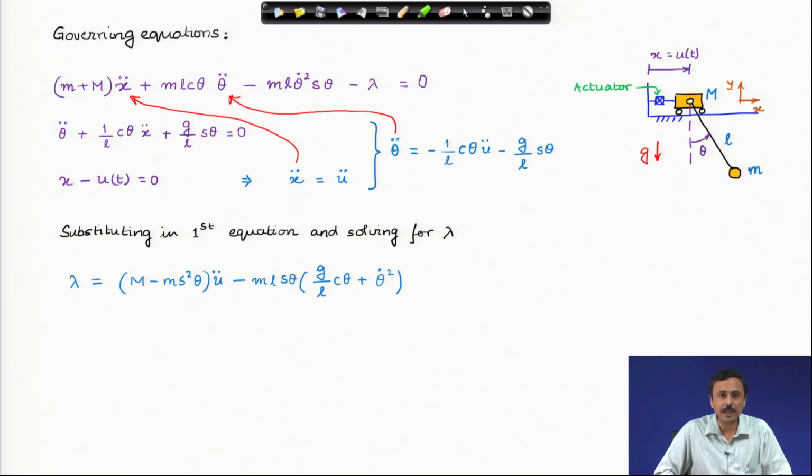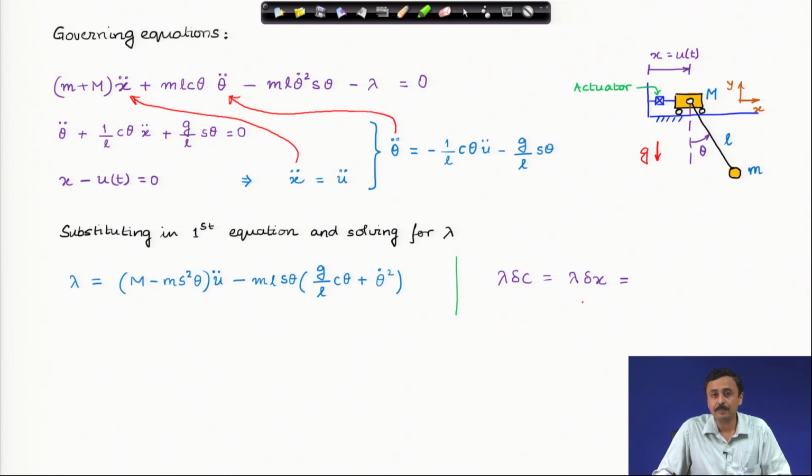Now, we have solved for lambda. How to interpret lambda now? Because remember, we have to find out the actuator force. Work done by the constraint force is lambda times delta c. And what is delta c? The constraint is already in front of you. Delta c is nothing but delta x.